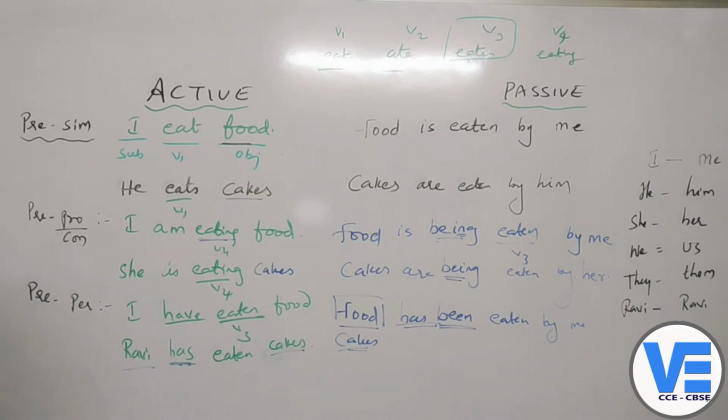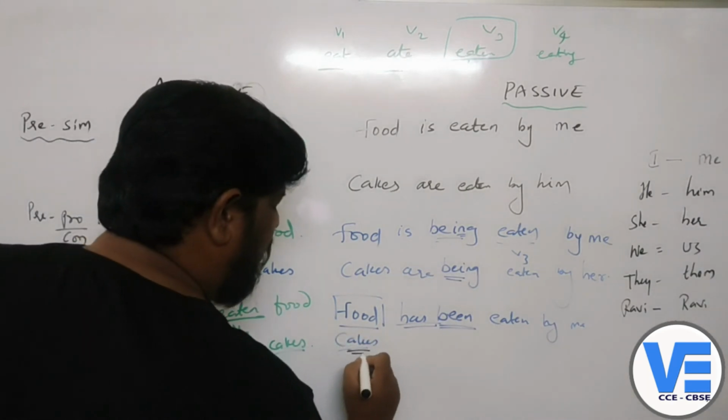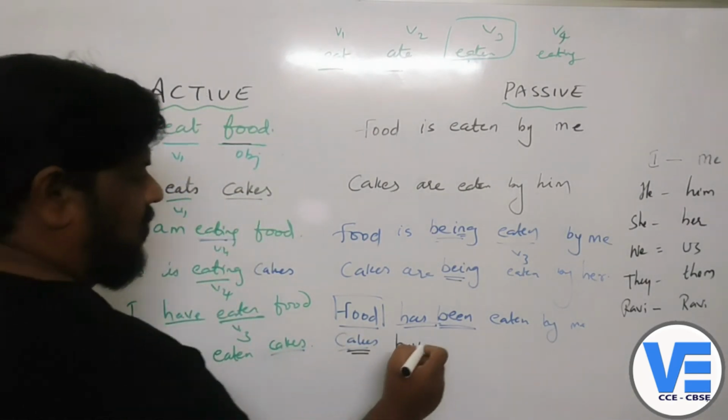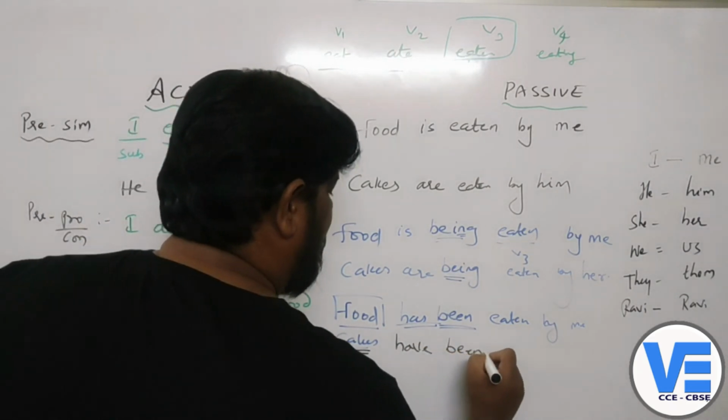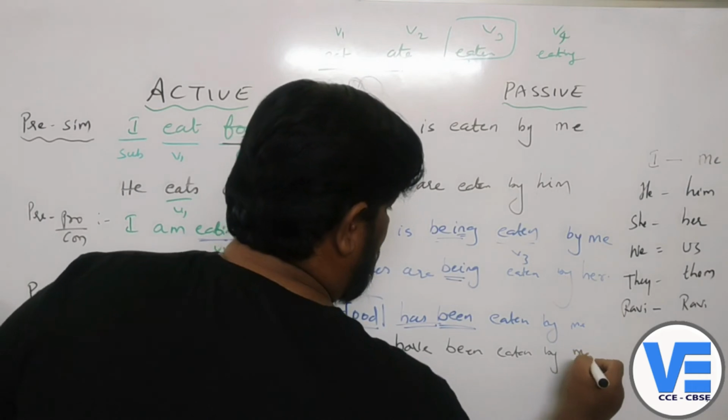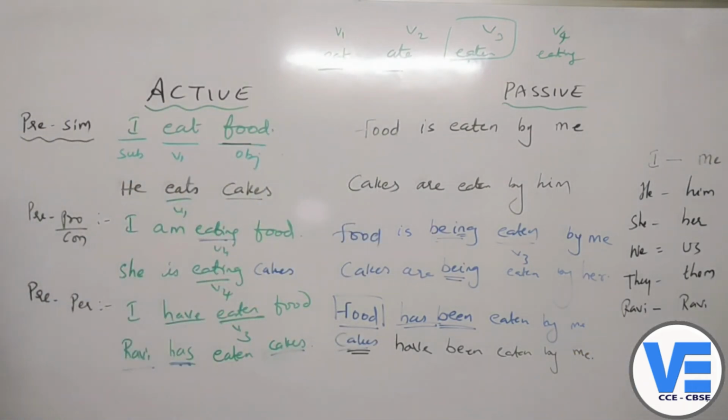The reason is because cakes is a plural word. So I'll use only have. So cakes have been eaten by me. So this is how we use the present perfect tense.